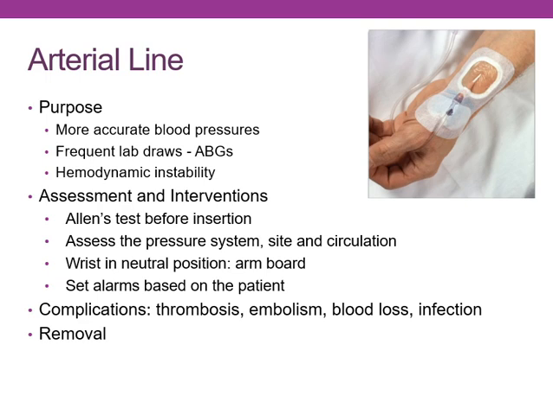So what do we have to do before we put it in? Number one, an Allen's test should be done. The information for arterial lines is in your skills book, and I believe it's skill 12-19. So the Allen's test is to make sure that I have good ulnar flow going to my hand in case I have a really small artery and put a great big arterial line in there, or something happens to the arterial line, I still need perfusion to their hand.